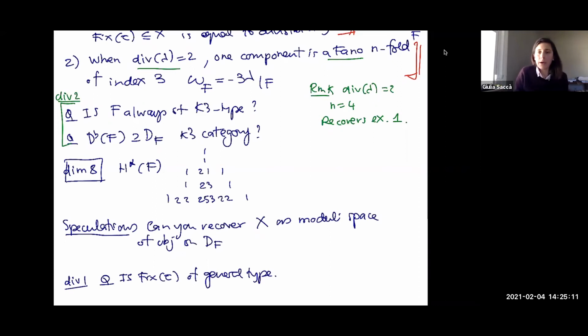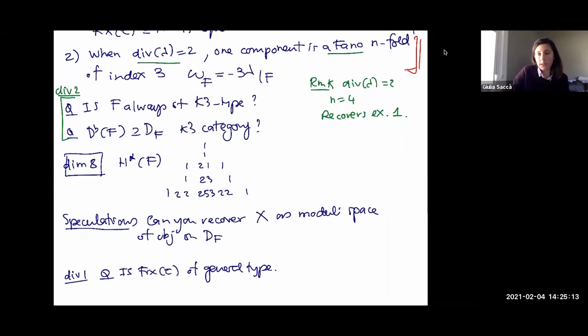In divisibility 1, dimension 2 is K3s, dimension 4 is these WBW sextics, and the next dimension is 6. In dimension 6, it looks like we can prove it. Again, it's not fully written down, but I think it should be okay.